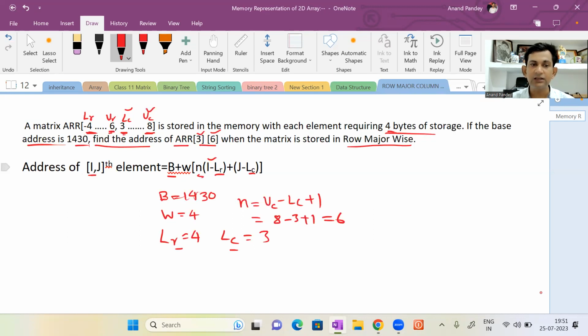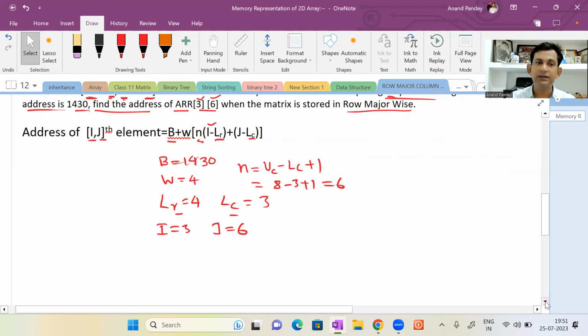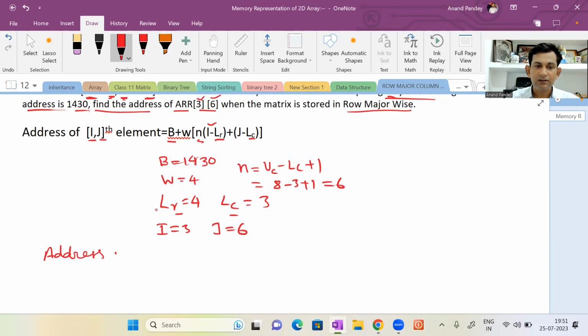So I is 3, and J is 6. Okay. Now we'll put all these things in the formula, and we'll try to get the value of the address of ARR36. So here we'll write the formula: address of the 3, 6th element equal to, the value of B is what?